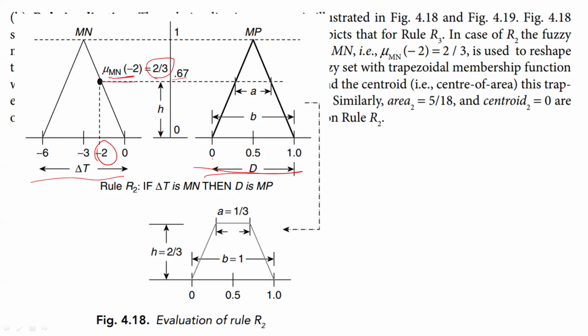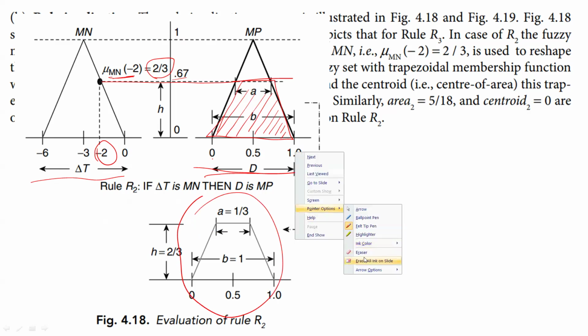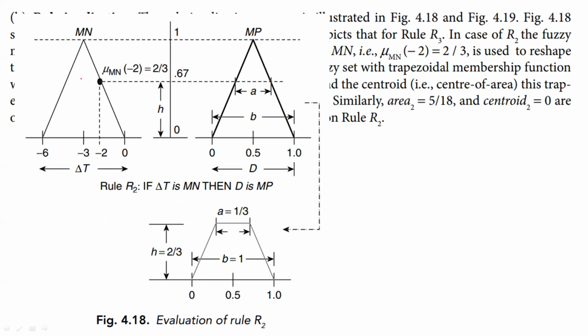That same thing is mapped onto the D graph like this. You can see this area that is cut off at 2 by 3. This is a trapezoid, and it is shown separately in this case.